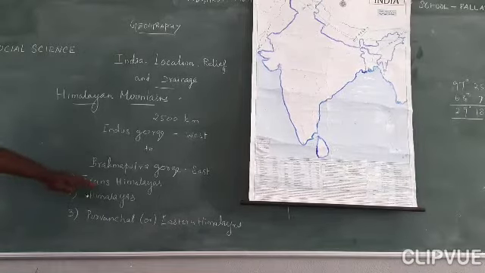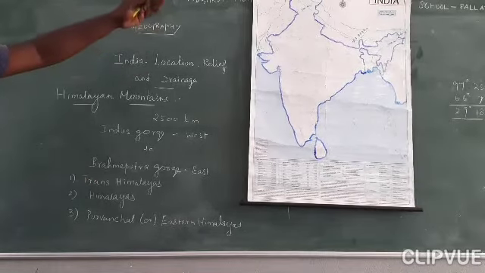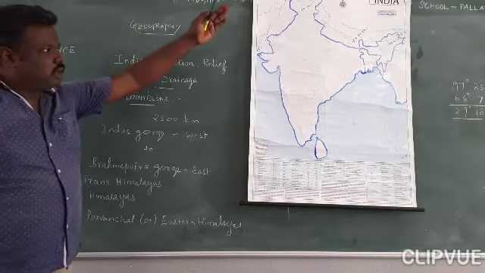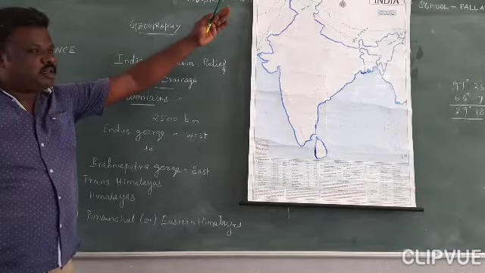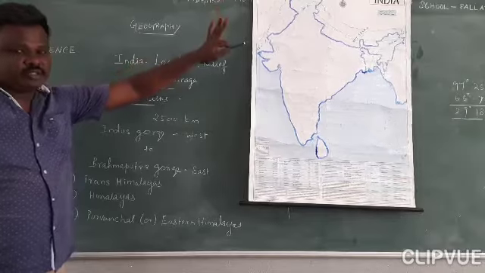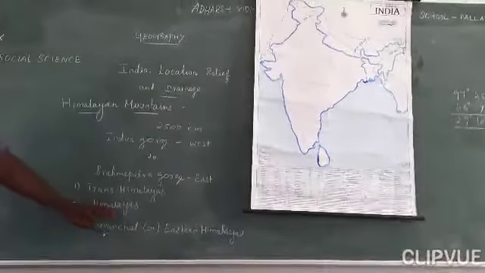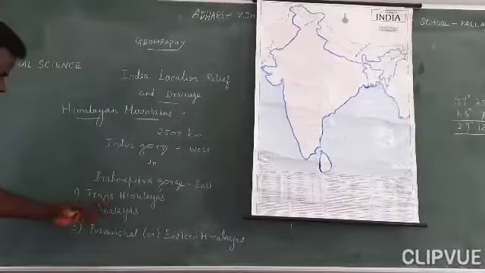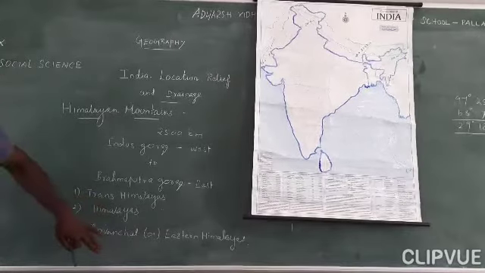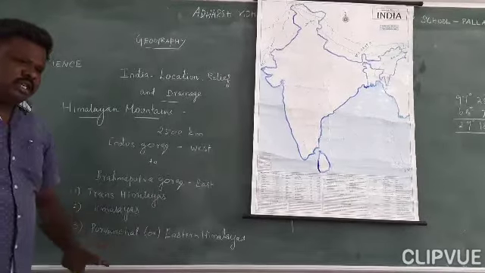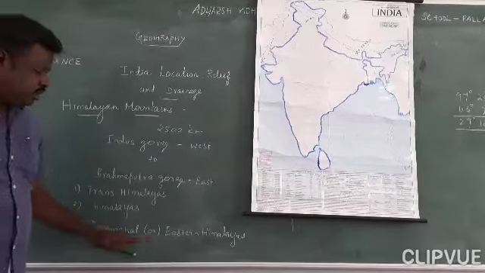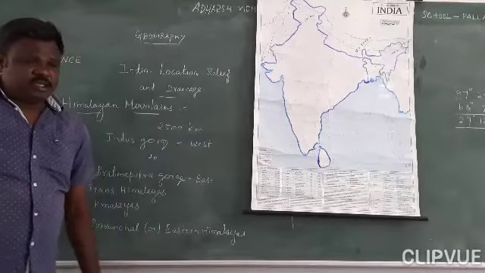The Trans-Himalayas cover some of the highest peaks and also some important ranges. And the Himalayas is a very important division, further divided into many categories that we'll see later. And Purvanchal we call the Eastern Himalayas.